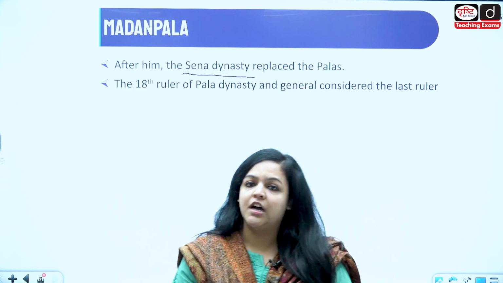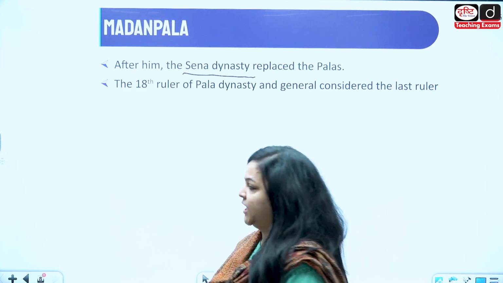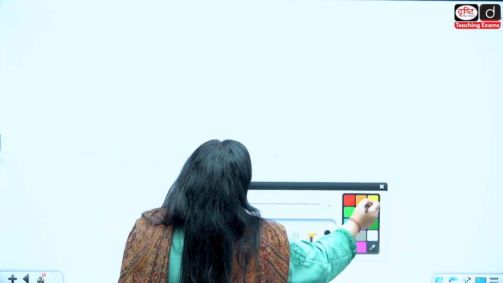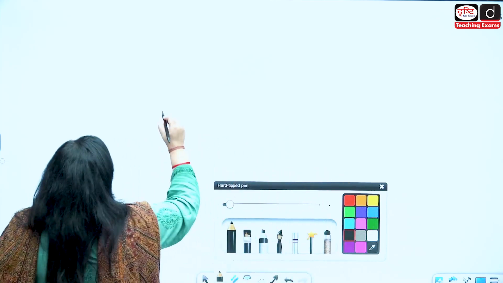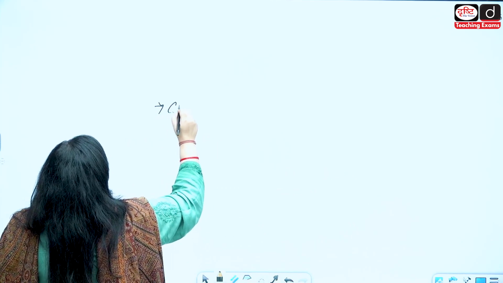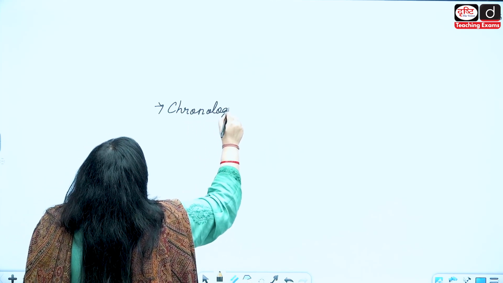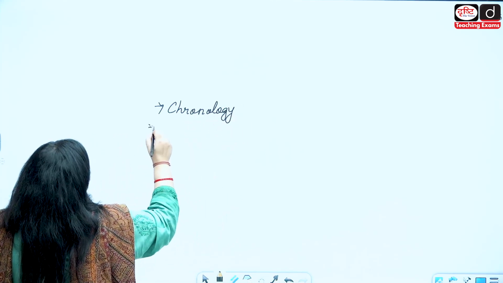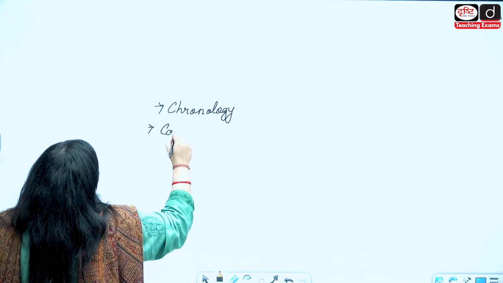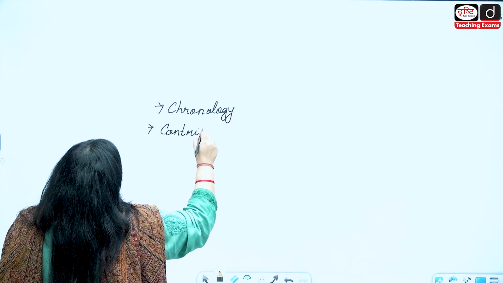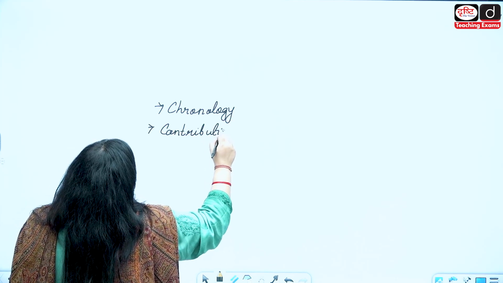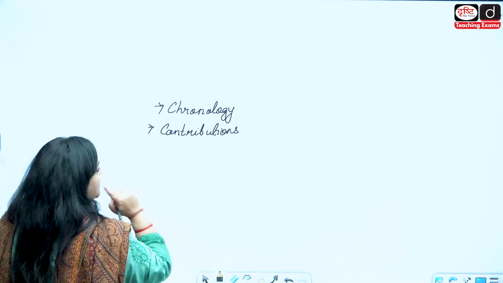Okay. Now here, what are the important things that you must remember? It is important for you to remember the chronology of the rulers. Fine. You have to remember the contributions of the rulers. All right.